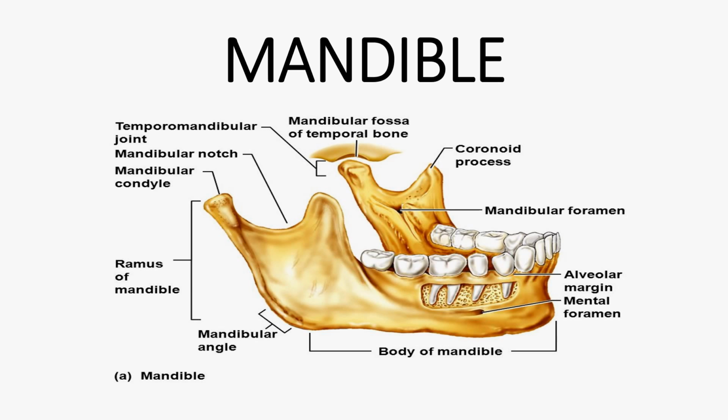Finally, the mandible is movable. Maxilla is not movable. We can move only the mandible. This mandible is attached to the maxilla.